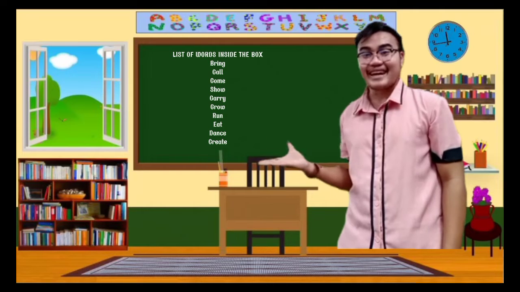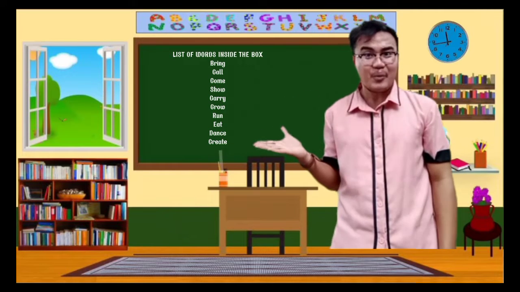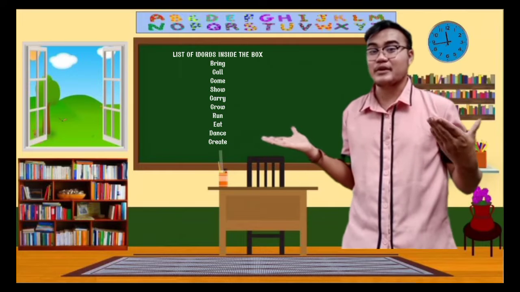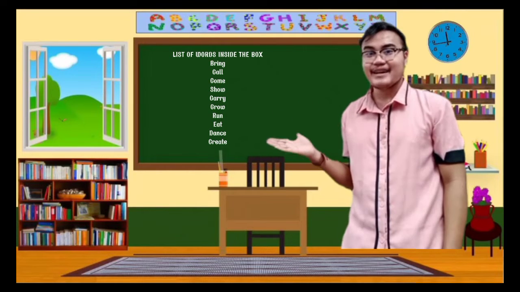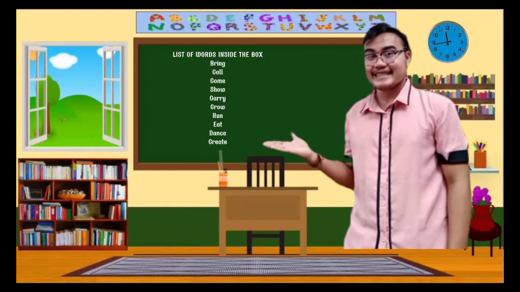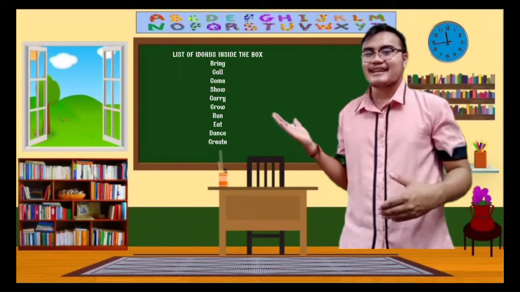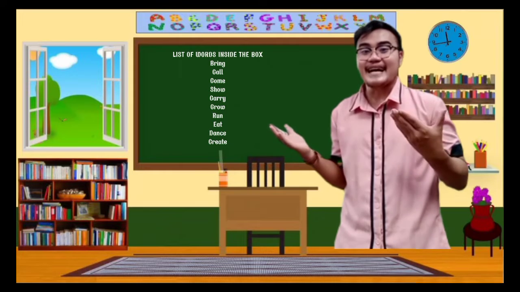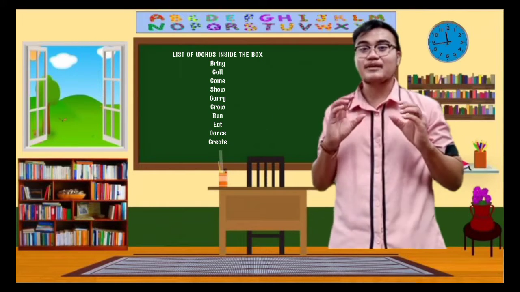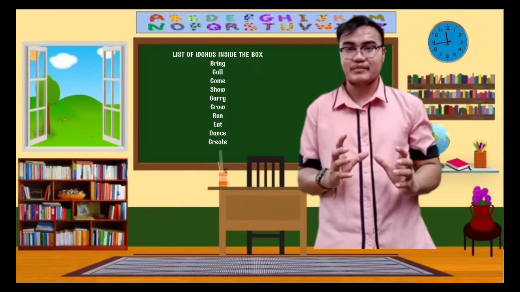Carry, carried. Grow, grew. It is an example of an irregular verb. Run, ran. An irregular verb also. Eat, ate. Dance, danced. Create, created. So that's an example of a regular verb.